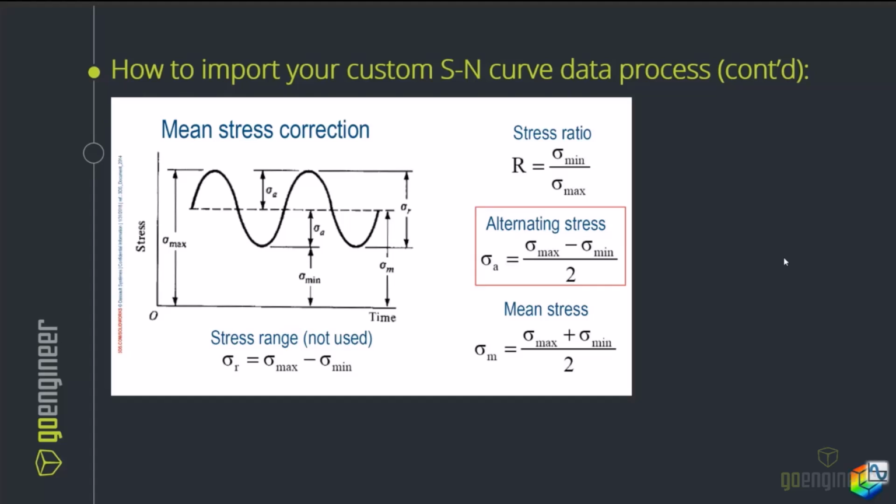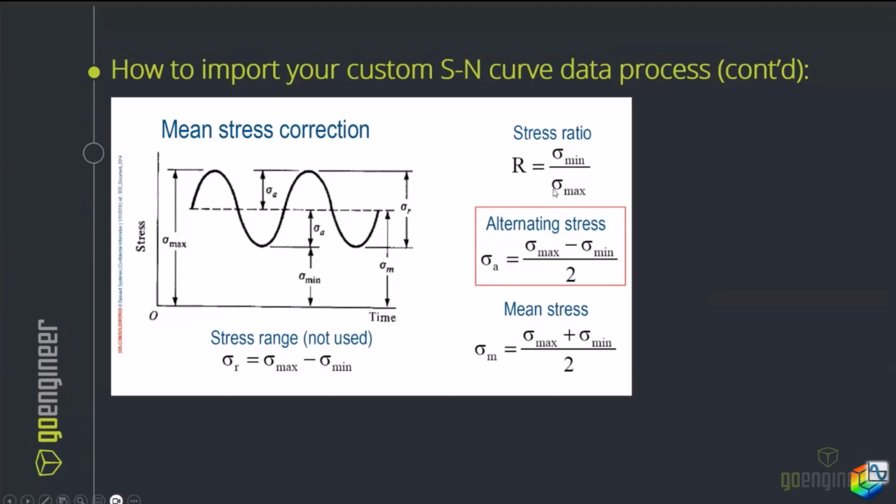You simply choose an R ratio value. So you go into this knowing whether you're going to use fully reversed or zero based, a 0 or -1 value for R. And then you solve for sigma min using the CSV chart max stress value. So you know what you're going to use here already.